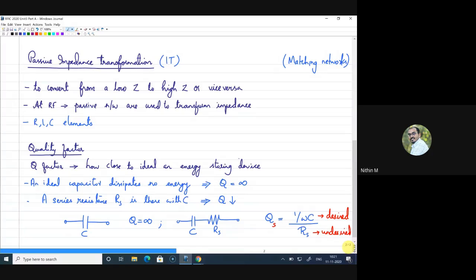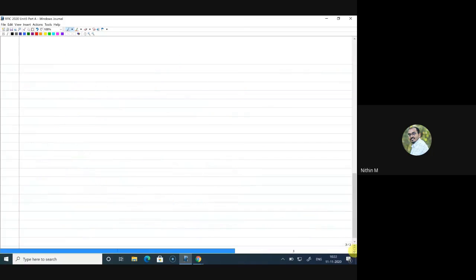Right. Now, in most cases, even though the resistance is seen in series with the capacitance, for calculation, or whenever we deal with circuits, it is easier to model this resistive loss in terms of a parallel resistance. So let us see what happens when this resistive loss is modeled by a parallel resistance Rp.